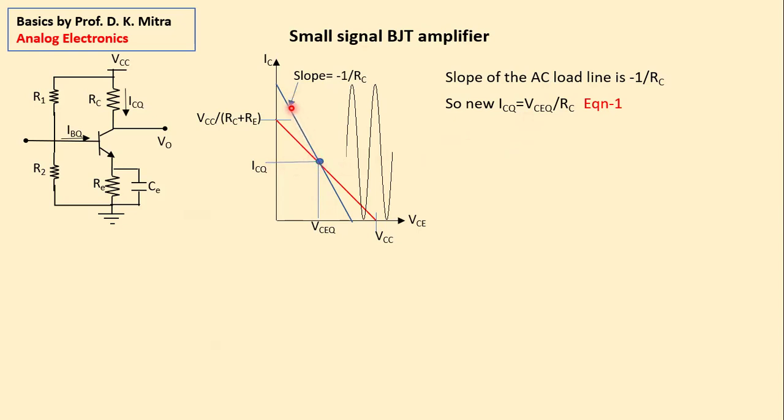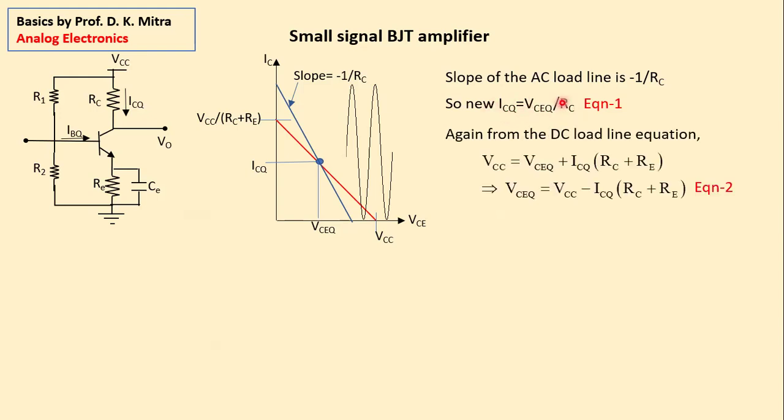The slope is 1 upon RC, which means for this triangle, y upon x is minus 1 upon RC. In that case, ICQ has to be equal to VCQ by RC. This is one relation. But we still do not know the values of ICQ and VCQ, though this relation holds good.